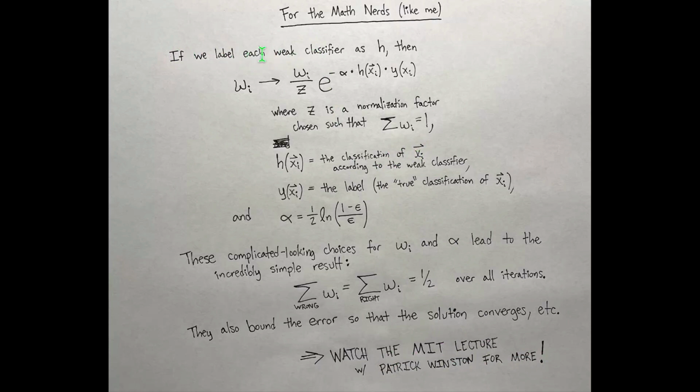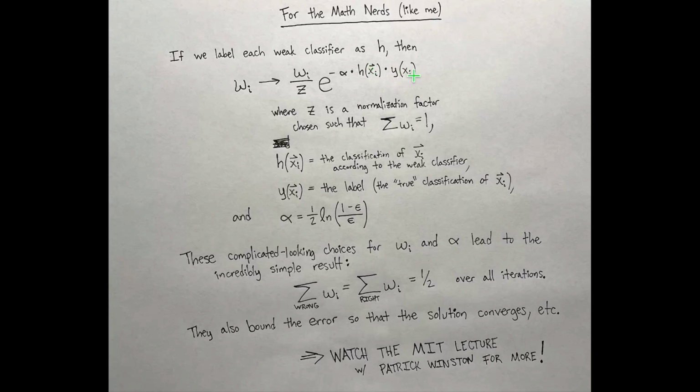But essentially, if we label each of the weak classifiers that we're dealing with as h, then h of xi, where xi is one of the training points, just gives the classification that weak classifier outputs for that point. So that weak classifier might think that the point this training point maps to is +1.